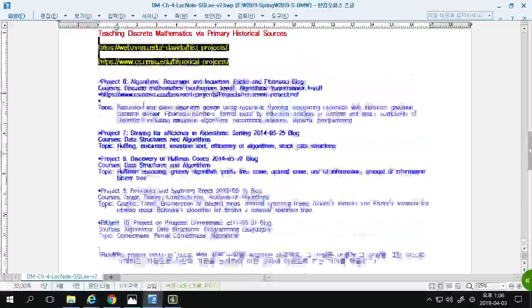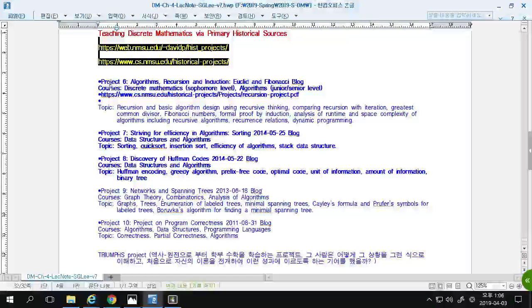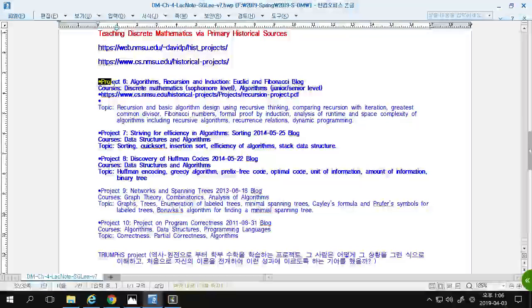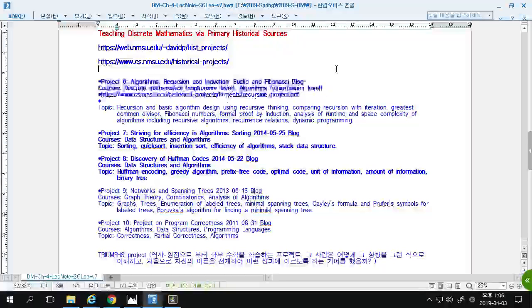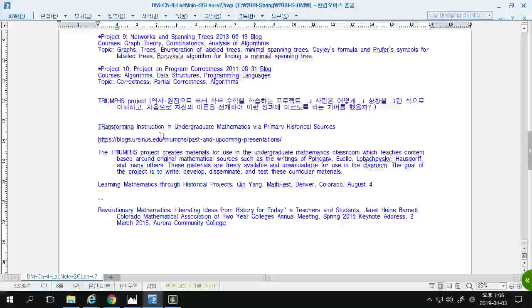If you go to this web address, you will find some of the projects done by other undergraduate students in the United States, supported by the National Science Foundation, which can be shared with you. And it was interesting.